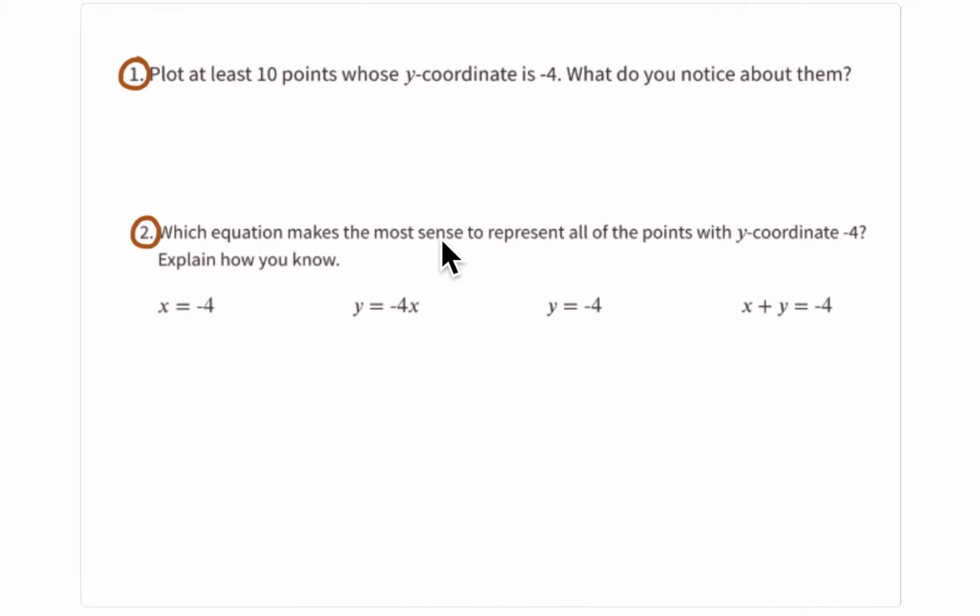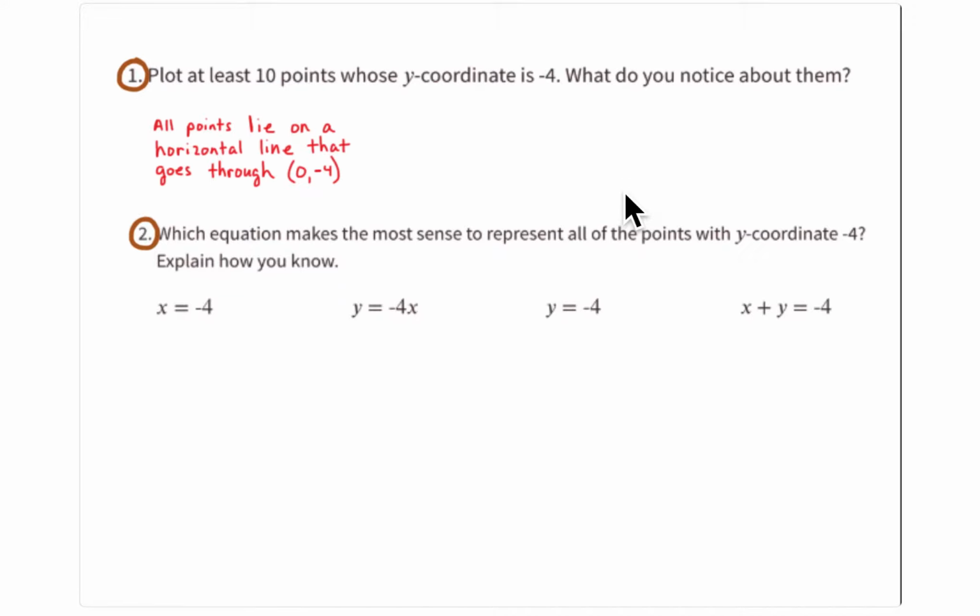And the first one says plot at least 10 points whose y-coordinate is -4. So every time you move along the x-axis, you're going to go down 4 units. So wherever you move horizontally, you're always going to end up 4 units down from the x-axis at y equals -4.